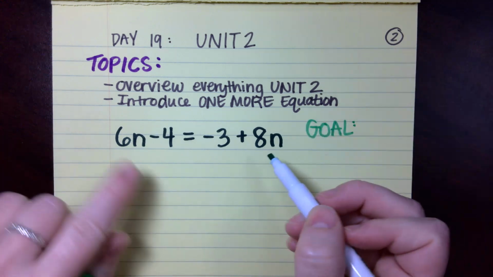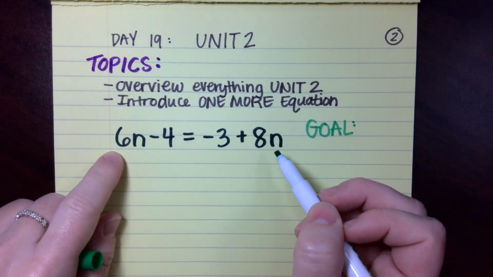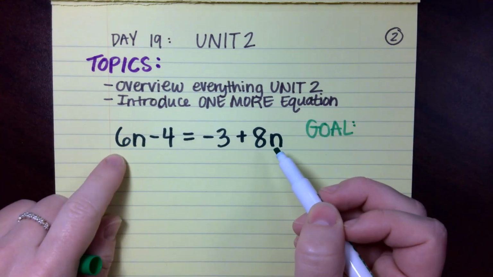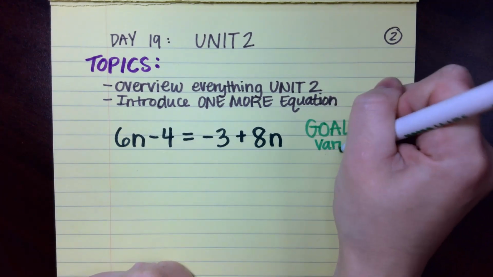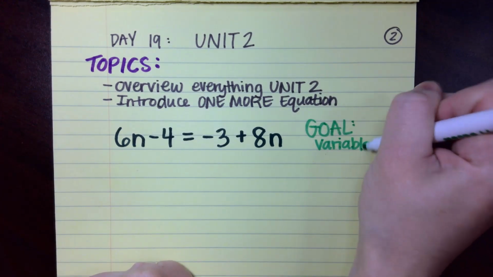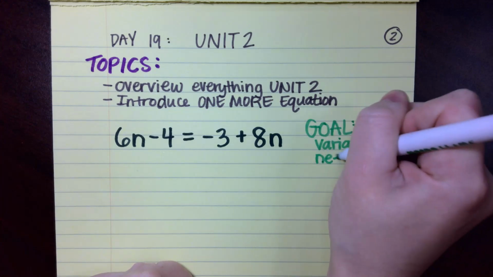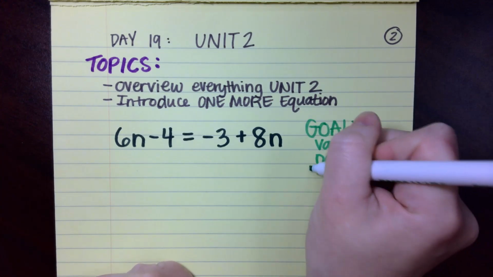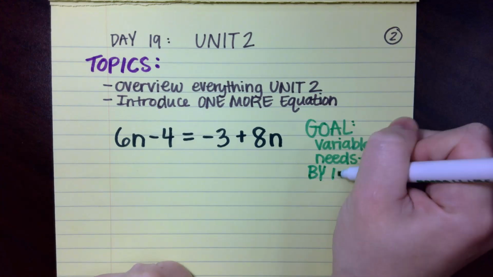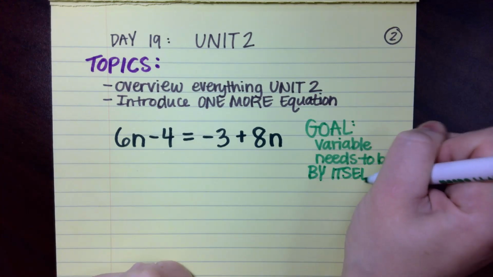So we can't get this by itself if it's on both sides. So let me write this: the variable needs to be by itself.